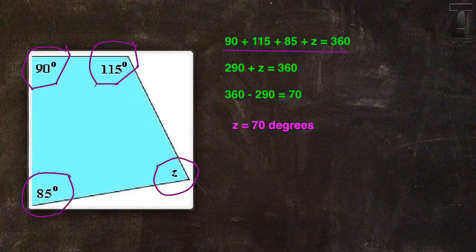Now if I add my first three angles, I get 290 plus my angle Z, give me 360. Now to find Z, I just need to do 360 minus 290, and that is going to give me 70 degrees. So if you're missing the angle, just add up whatever angles you already have, and then you're just going to subtract that sum from 360.